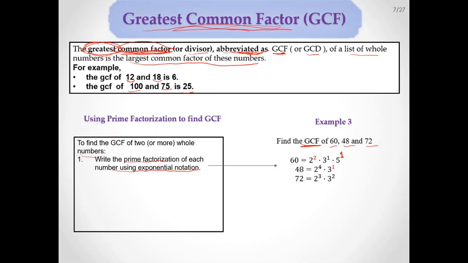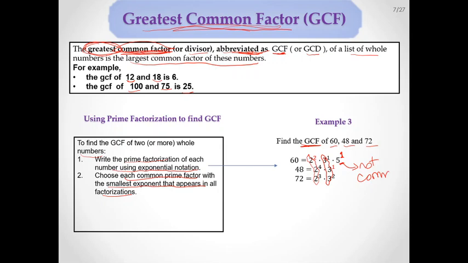After listing all the prime factorizations, choose each common prime factor with the smallest exponent that appears in all factorizations. So what is common here? Look at all of them. The common thing is 2, and we will pick 2, and we will pick 3, because 3 is common, and 5 is not common. Common means mushtarak.